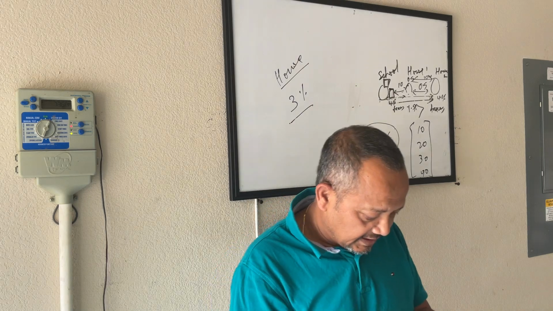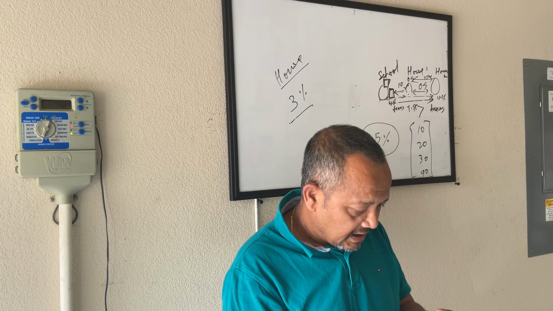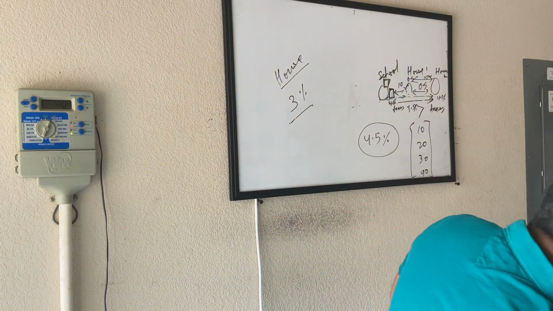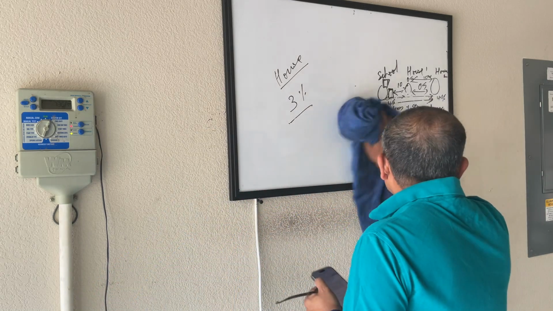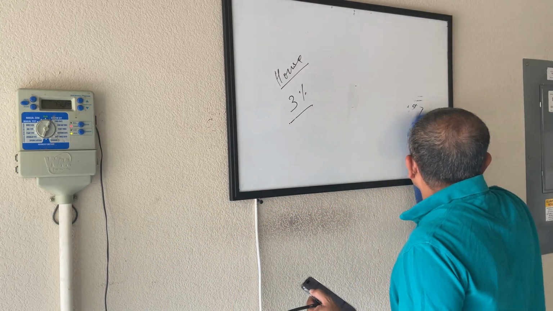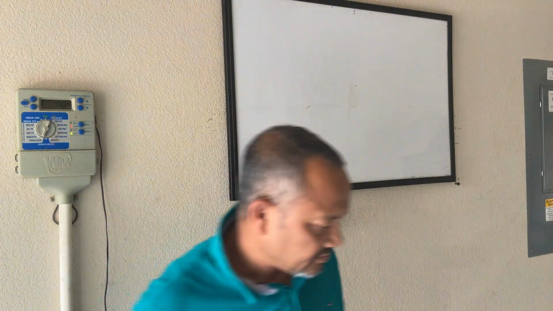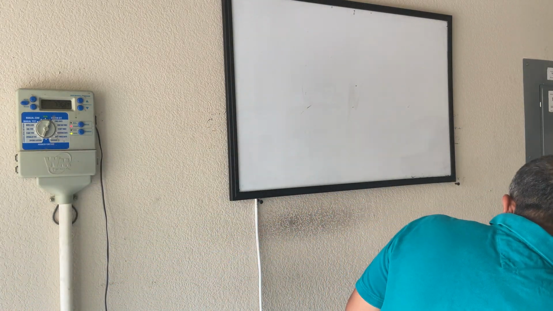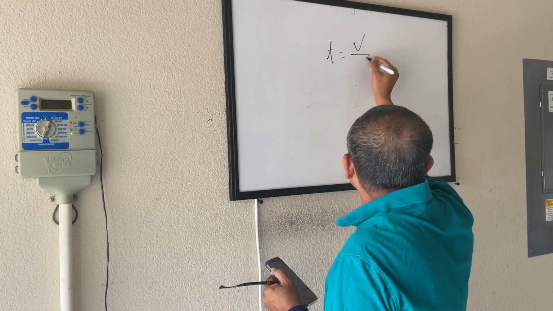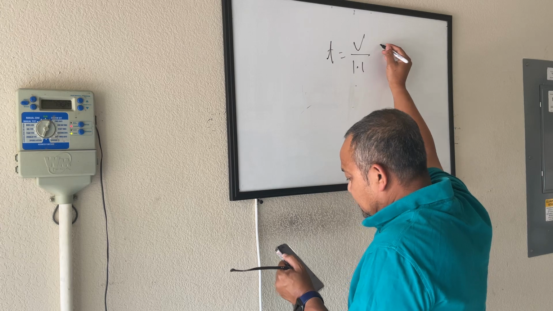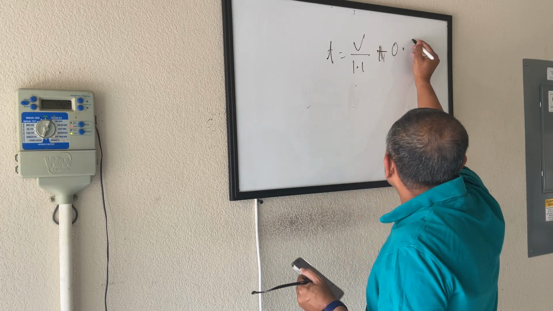So, let's look at another problem. This question has an equation. Let's look at it. This equation is t equals v over 1.1 plus 0.5.